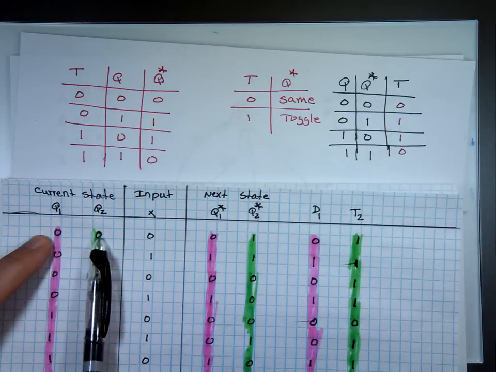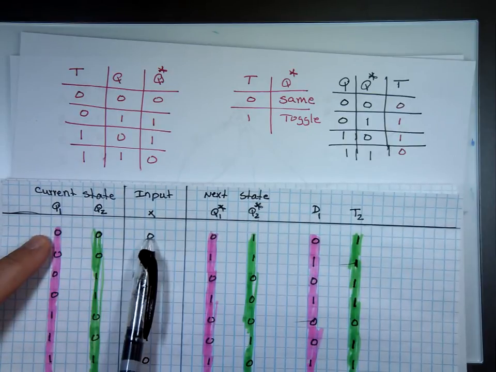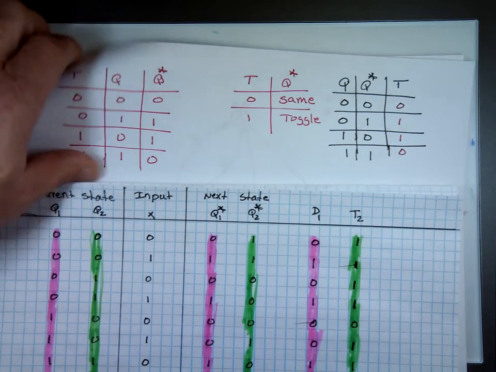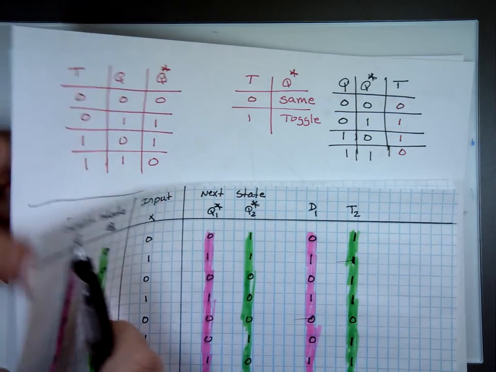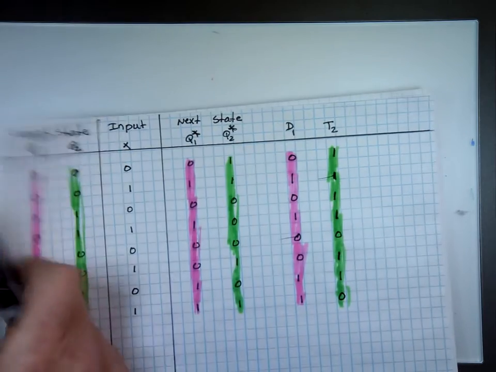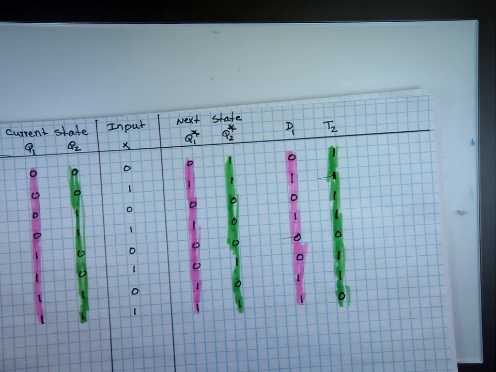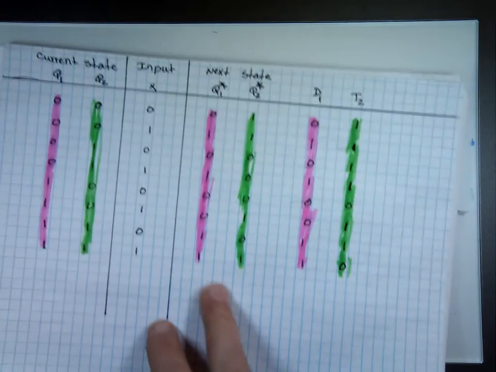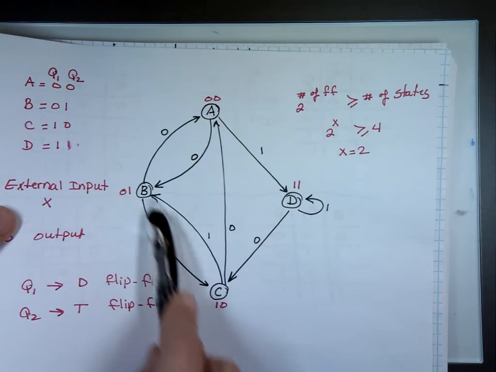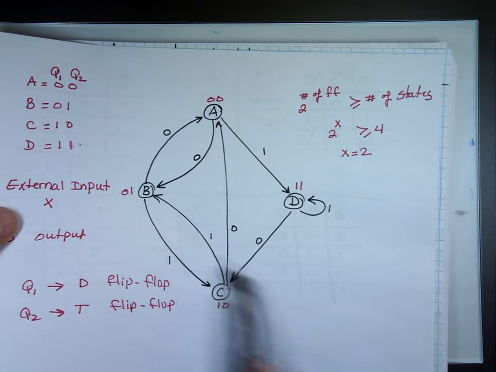Your input is 0. If you look at this, when you have 0, 0 here, that's at A. When you have another 0, it's B. And then when you have 1, it goes to B. That came from the state diagram here. Okay, I knew that it came from that diagram. Go on.